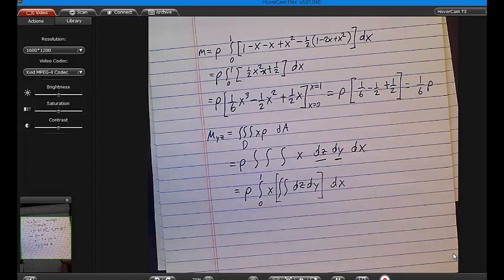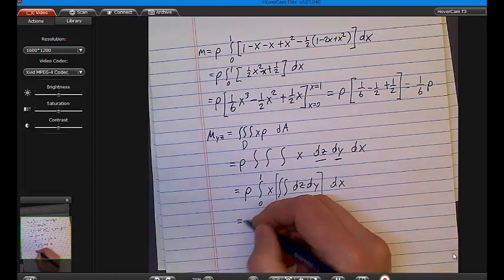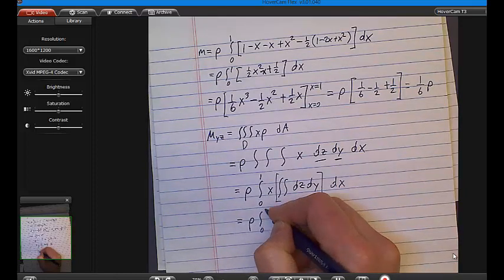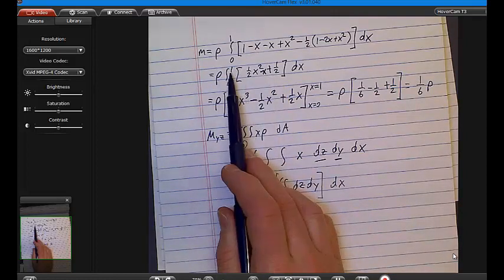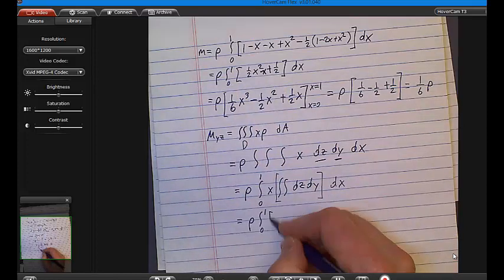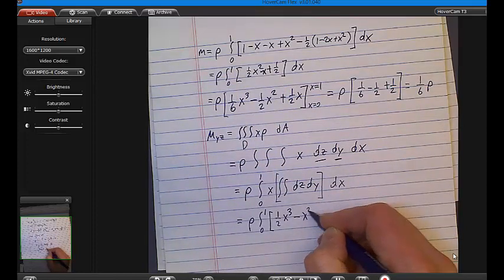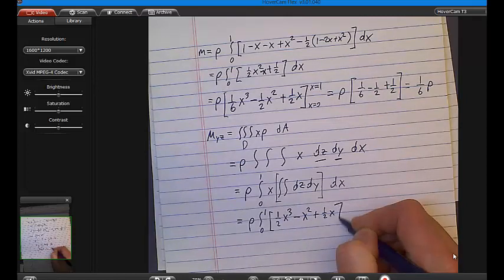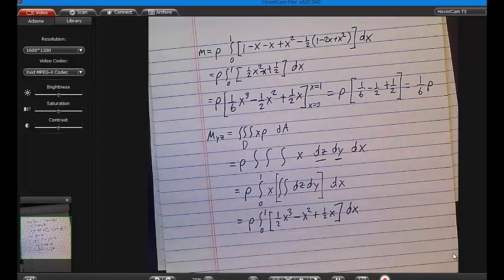See what I'm saying? So this is going to be, based on my work above, rho times the integral 0 to 1. It's this with an x in front. So we have to integrate now 1/2 x cubed minus x squared plus 1/2 x, and then we'll have it, dx. So that speeds things up.